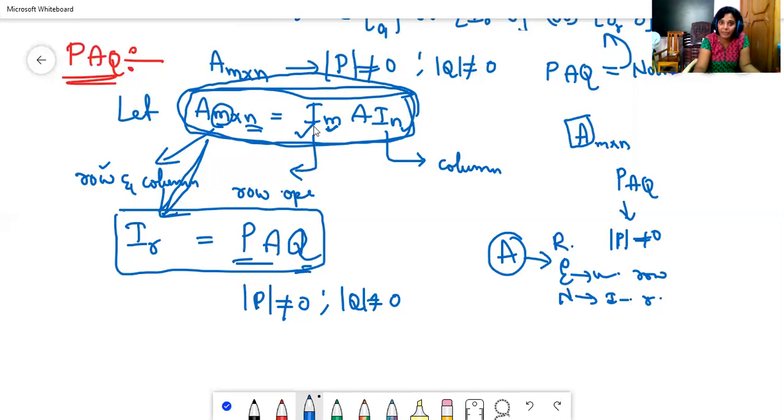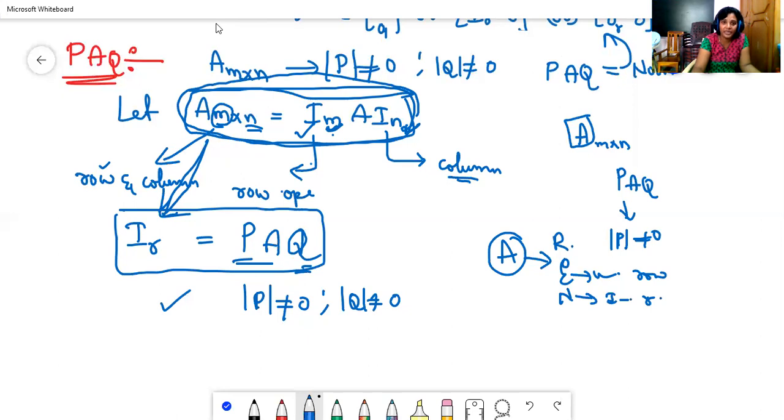But on the right side, where we choose the row order, only the row operation is applied, and where we choose the column order, only the column operation is used. After completing all operations, when the A matrix is reduced to the identity matrix, the right-side matrices change to P and Q. Check whether they are non-singular or not. Exactly, these two are non-singular matrices only. So this is the PAQ form.